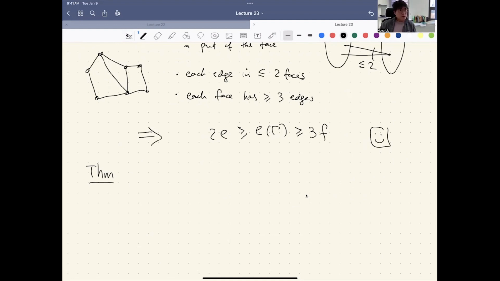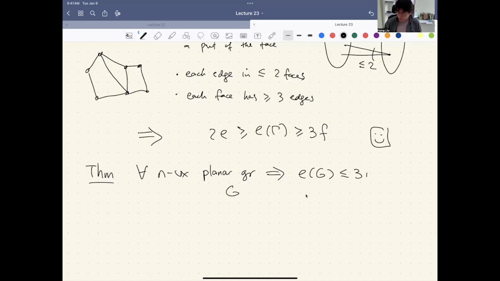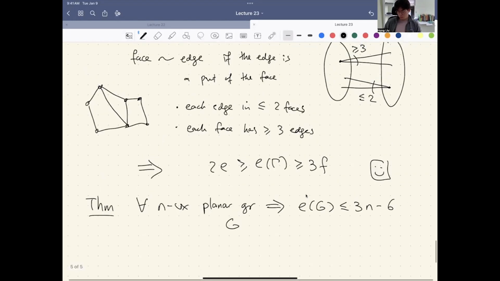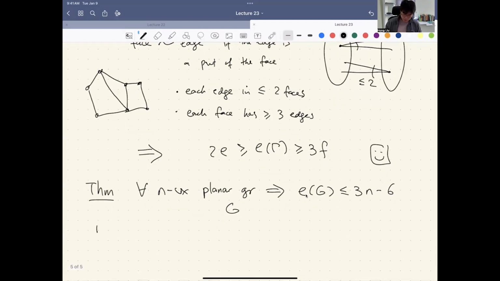So for any n vertex planar graph G, E of G is at most 3n minus 6. This is also tight. Find an example, okay? I'll leave it as an exercise for you.